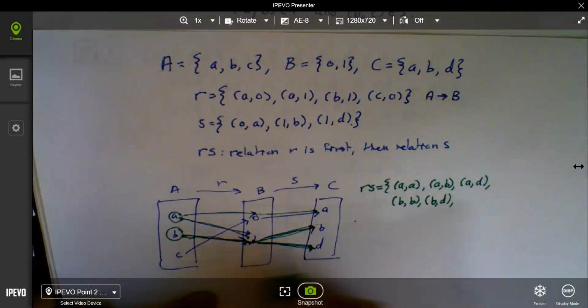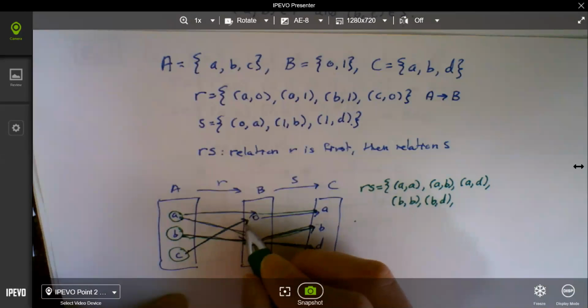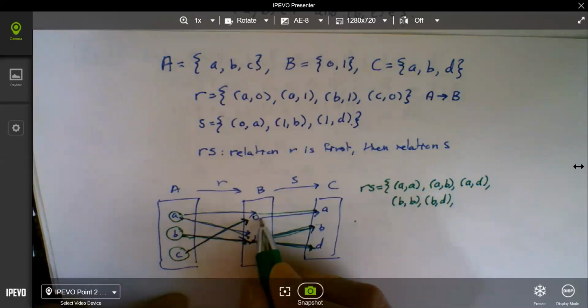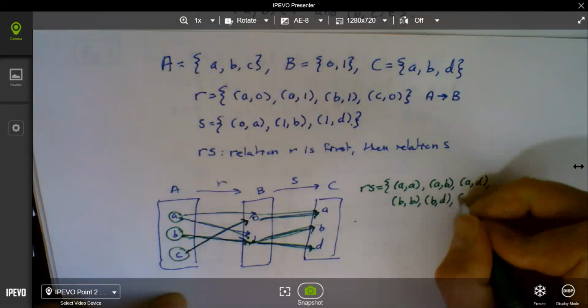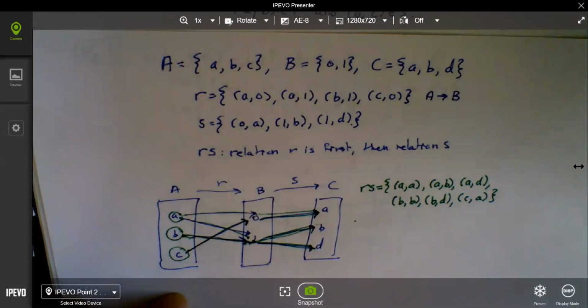And that's all our options if we start at B. Now let's start at C. We have little c in set A goes only to 0 in set B, and from 0, it can only go to little a in set C. So we have CA as our last ordered pair in RS.